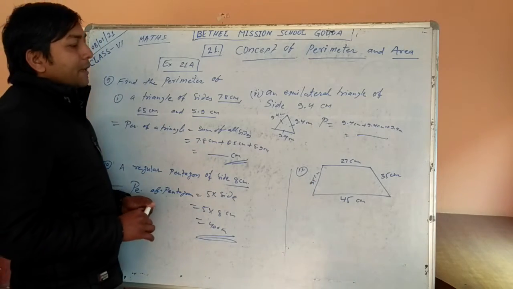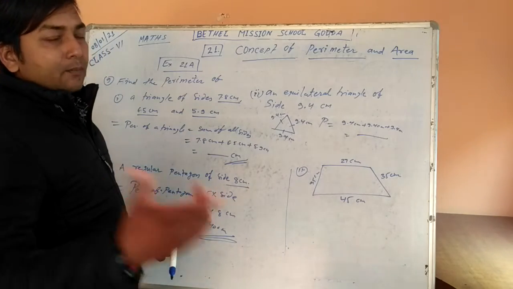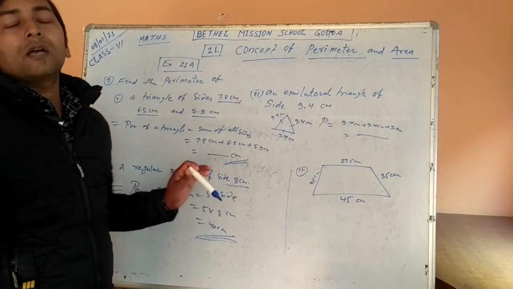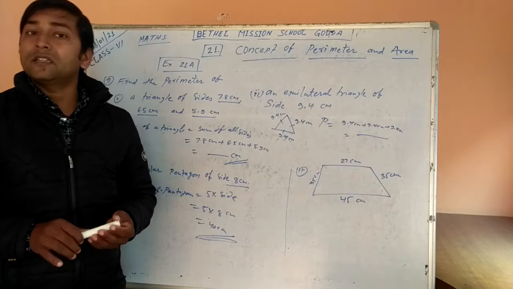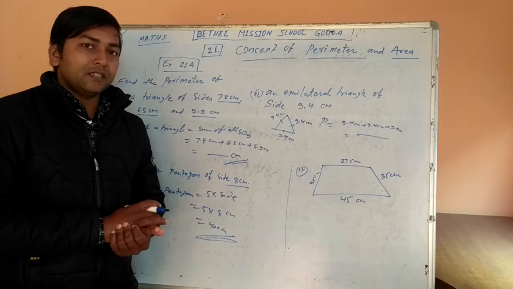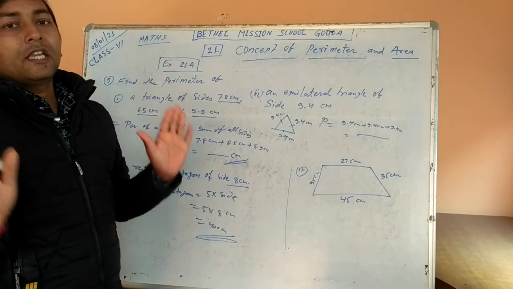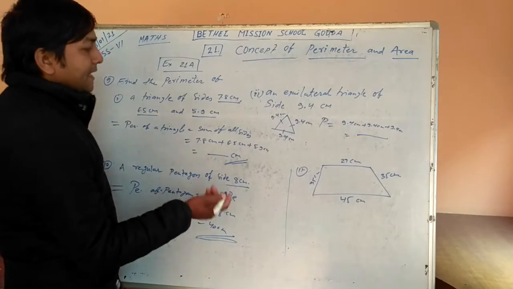And next, that is given in 11th number, the figure given in your book. Okay, so find the perimeter of the figure. So perimeter of the figure equals what? Sum of all sides. You have only one basic formula of perimeter, that is the sum of all sides. Okay, perimeter of a plane figure equals the sum of all sides.